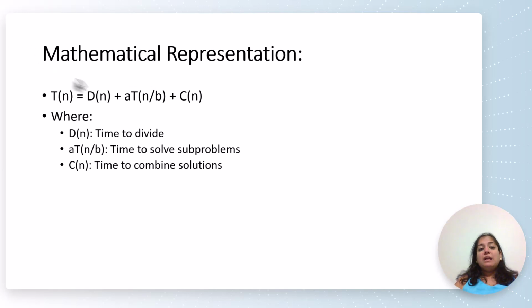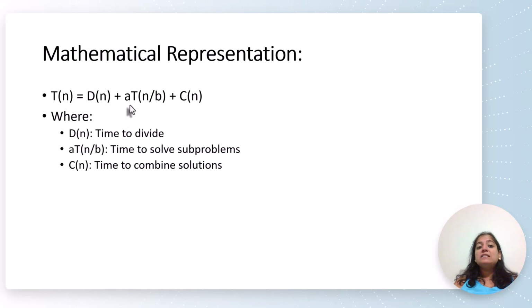So if we represent it mathematically, the equation is denoted by T(n) = D(n) + a T(n/b) + C(n), where D(n) is the time to divide the problem, that is, dividing the problem into subproblems. Then a T(n/b) is the time to solve the subproblems.